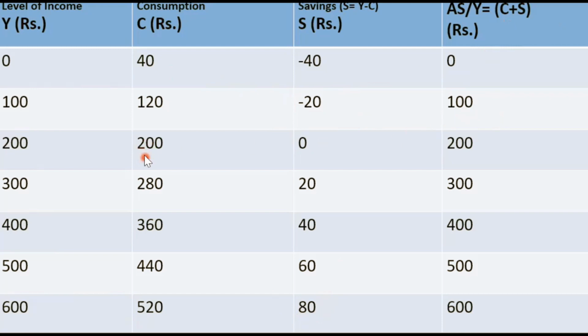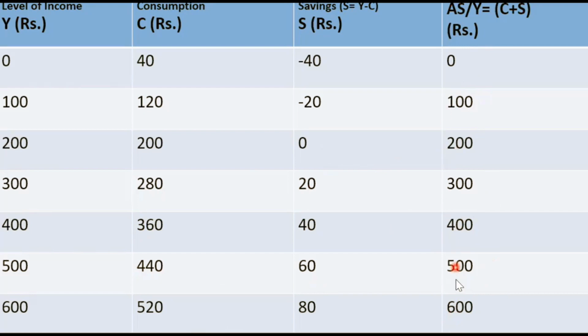Here consumption is 200, saving is nil, that is 0. So aggregate supply is 200. In this way, 280 plus 20, 300. 360 plus 40, 400. 440 plus 60, 500. And 520 plus 80, 600. So we have calculated aggregate supply.